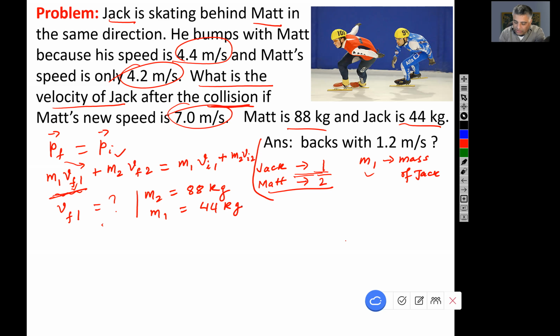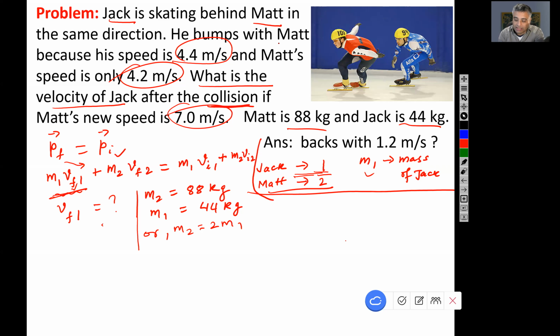Hey, one is double the other. When you see this kind of number and do not want to play with big numbers, you can say m2 is 2 times m1. You don't have to, but sometimes this simplifies the problem a lot.